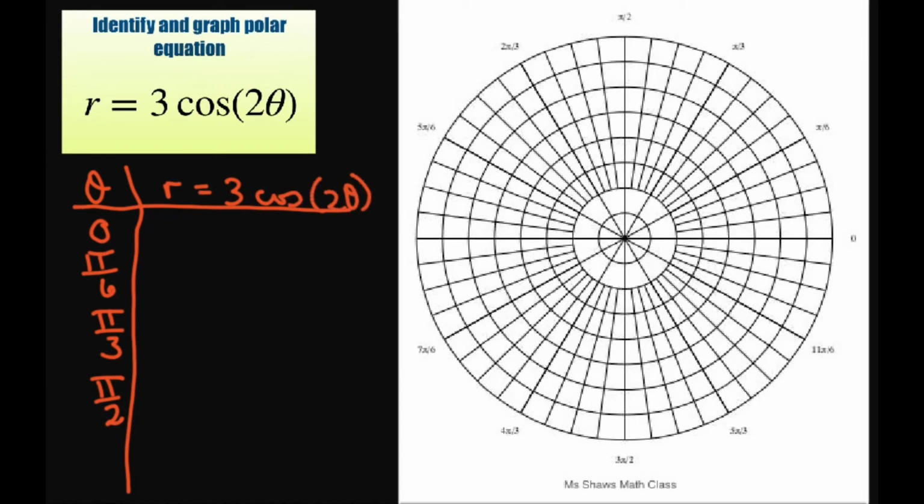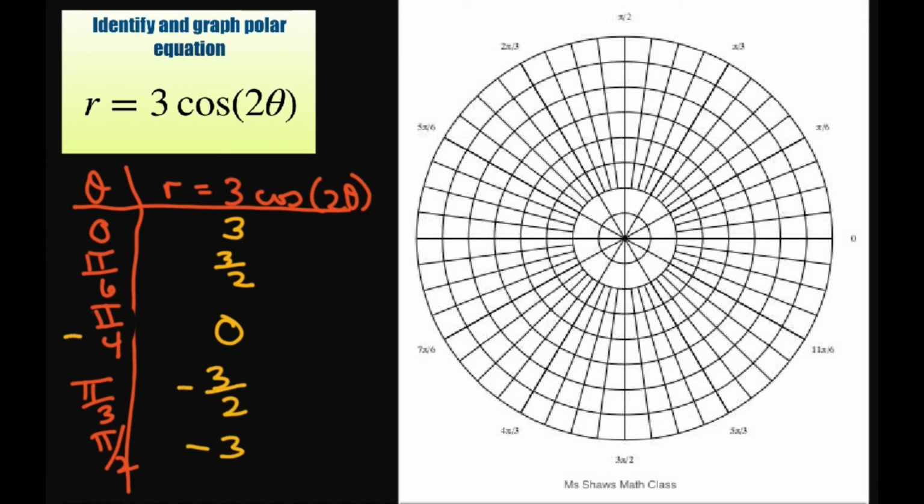When you substitute in your angle, you're going to get 3, 3/2, 0, let's see, I'm missing one. Let's put in 1. I forgot 1. I'm going to go ahead and use pi divided by 4, and then pi divided by 3, pi divided by 2. Sorry about that. So then we'll get negative 3/2, and then negative 3. Usually I don't put this one in, but for this problem it makes it a little better.